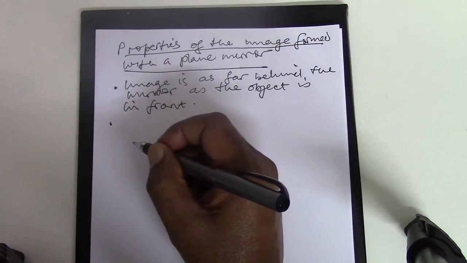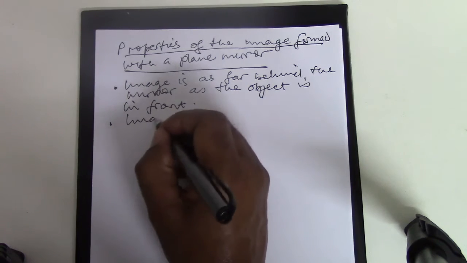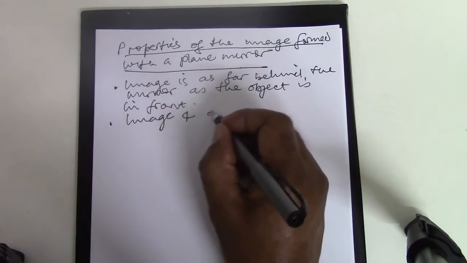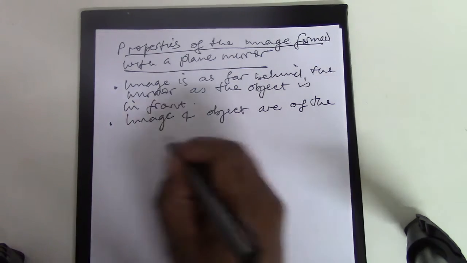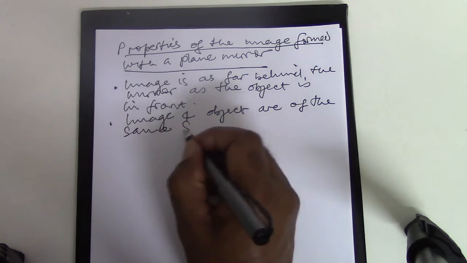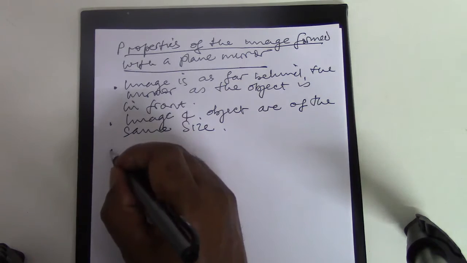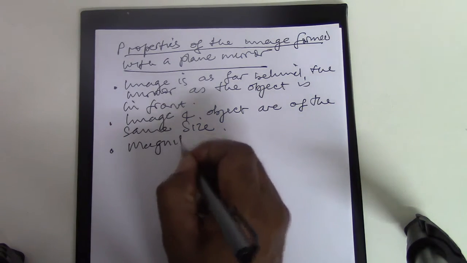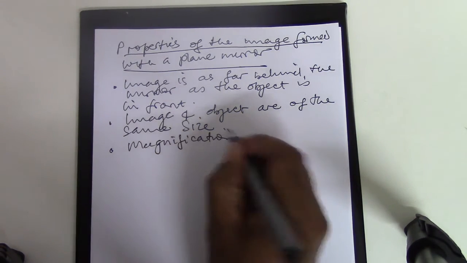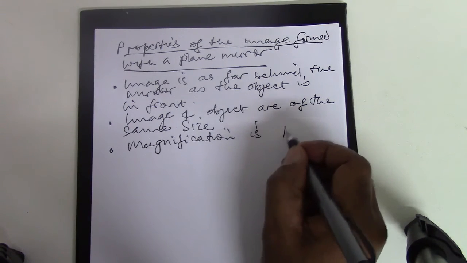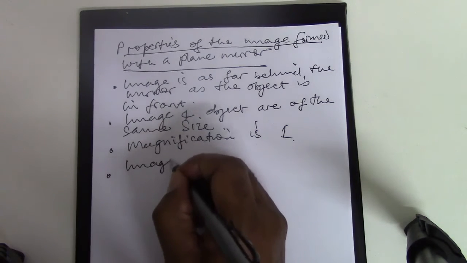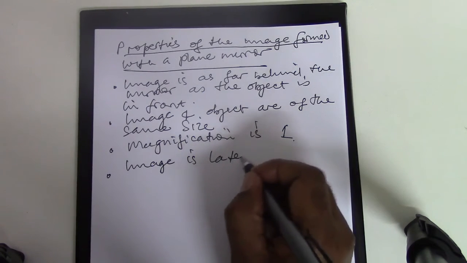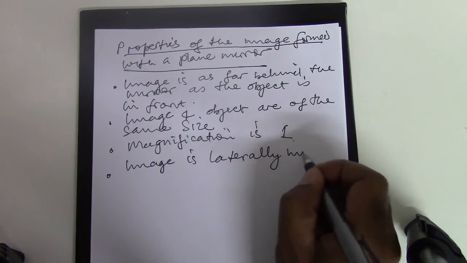Now, second point is that image and object are of the same size. Magnification is 1. Image is laterally inverted.